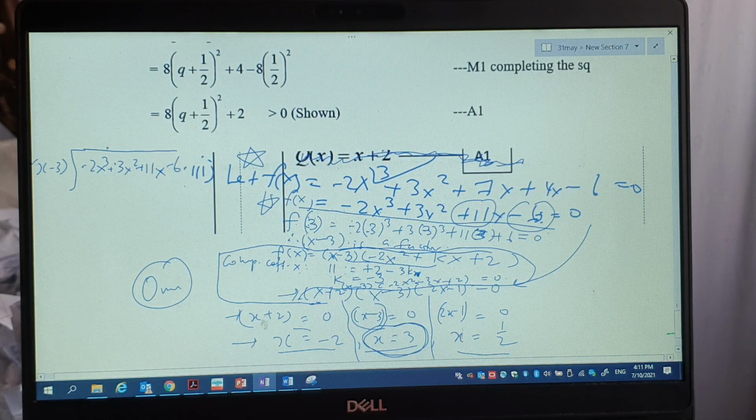Then you ask yourself, what times this will give you minus 2x cubed? So it's minus 2x squared. Can you see that this times this is minus 2x cubed? Then this times this is plus 6x squared.